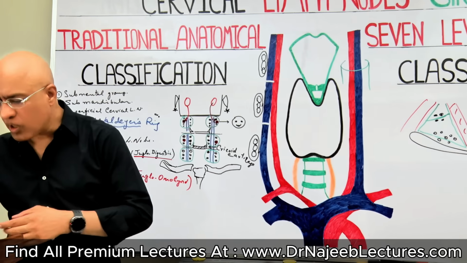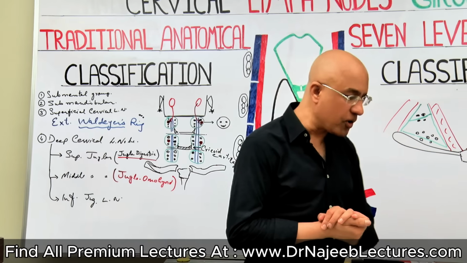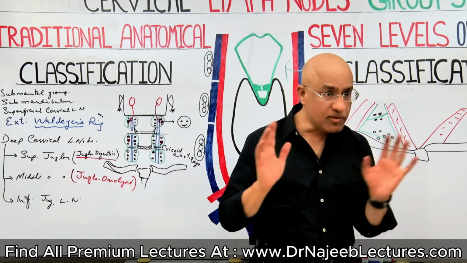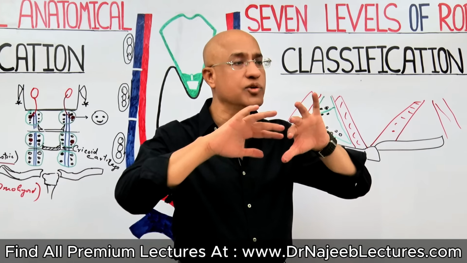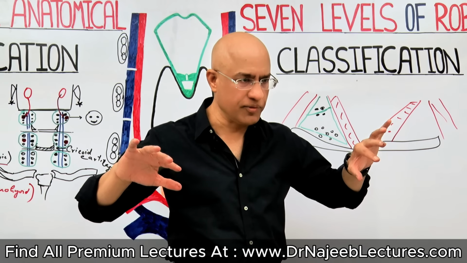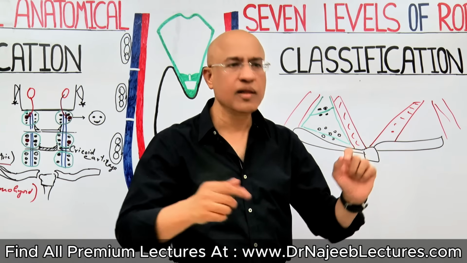Now, supraclavicular lymph node, I would like to mention some important thing. Listen one thing. In this lecture, I'm not discussing in detail the drainage area of the lymph nodes. I'm just placing the lymph nodes, right?